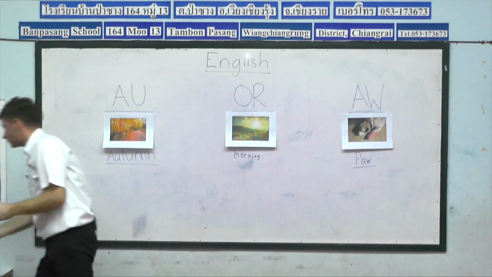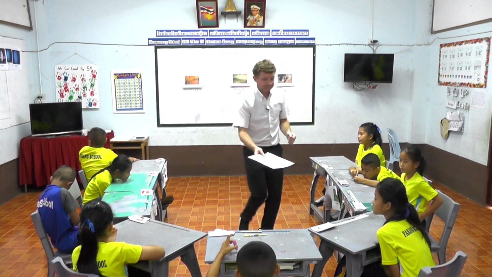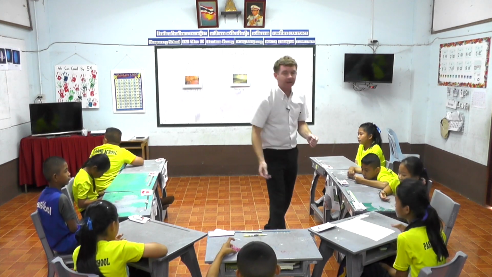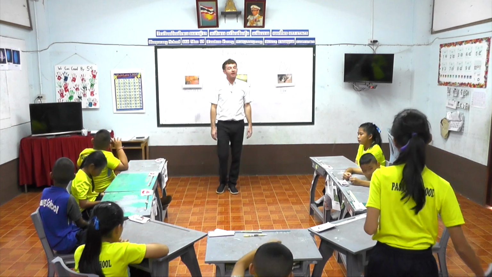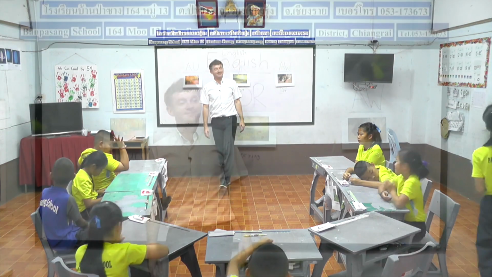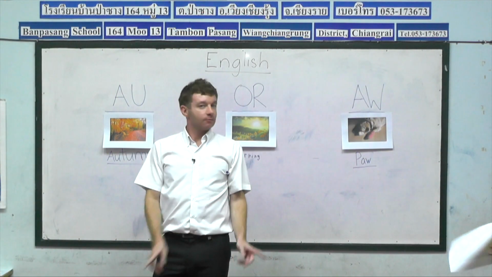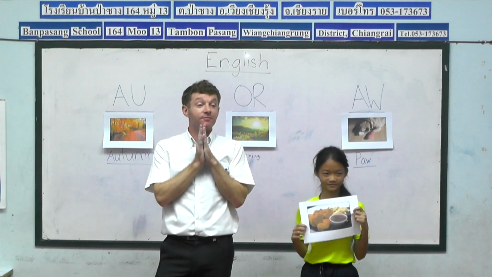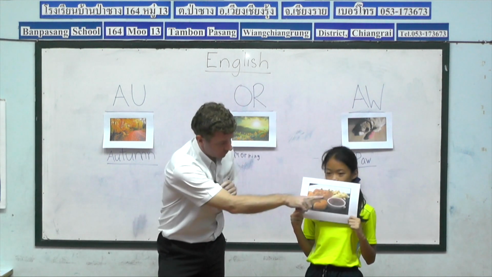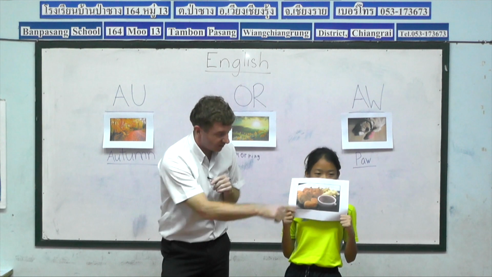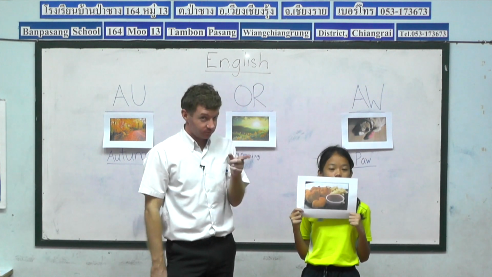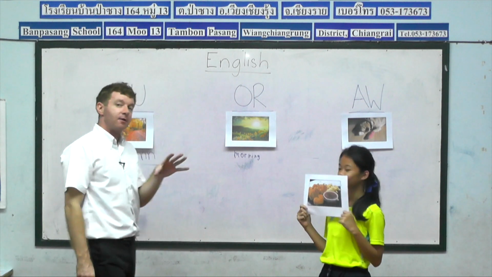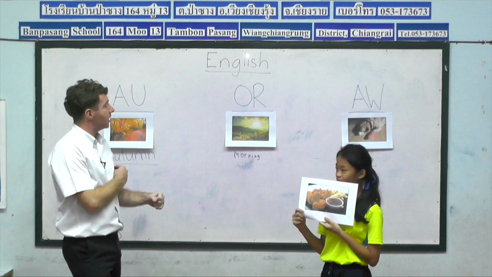Time for our next student. And our next student is Down. So Down, please bring your flashcard to the front of class. What can we see on Down's flashcard? We can see French fries, we can see chicken, and we can see sauce. So the spelling of sauce with the O sound, how do we do it?